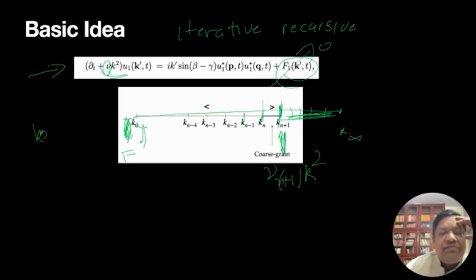Now, next idea is that I have these modes already gotten rid of. Now, if I go to this scale, Kn, the viscosity at this scale is nu n. So I should get rid of this K squared.